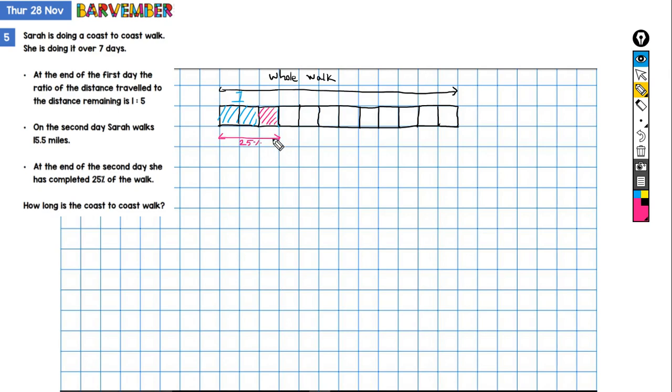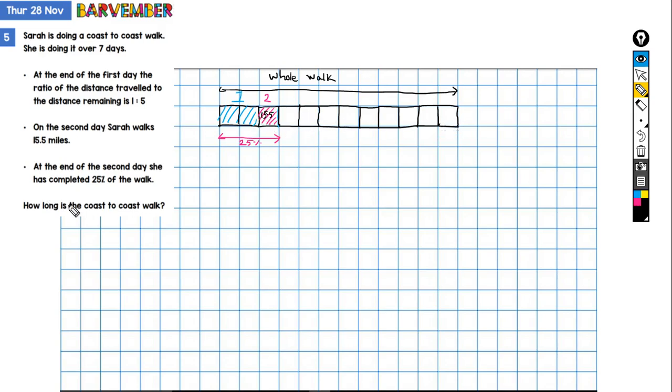Okay, so if she's gone this far at the end of day 2, and on day 2 she walked 15.5 miles, that means that this must be 15.5. Okay, and if that's 15.5, so is every other equal size portion here.